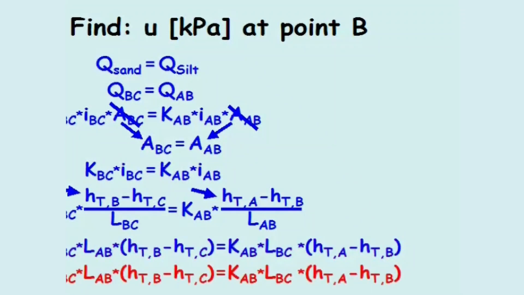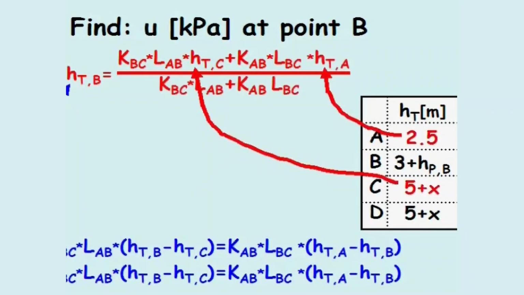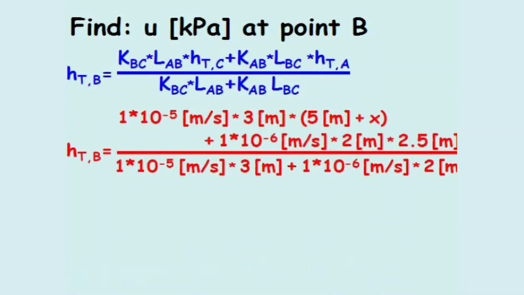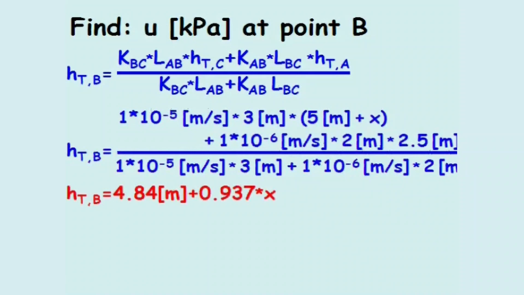If we solve the equation for the total head at point B and plug in our values, remembering that we already solved for the total head at points A and C from the table, we find that the total head at point B equals 4.84 meters plus 0.937 times x in meters.